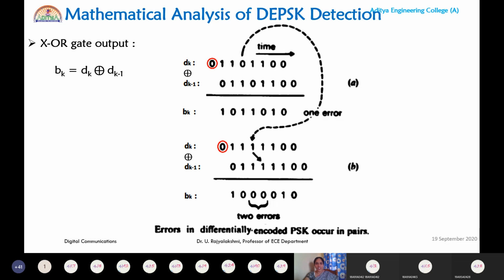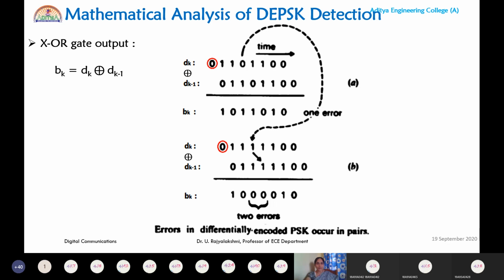In the case of the DPSK receiver, because we are not using an XOR gate at the output, the entire sequence gets disturbed if there is a single bit error. But in the case of DEPSK, a single bit error will affect only 2 error bits. Please observe the outputs of BK in figure A and figure B. In figure B, we considered a 1 bit error.